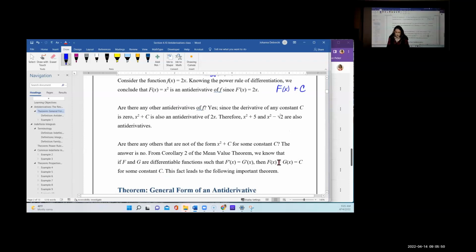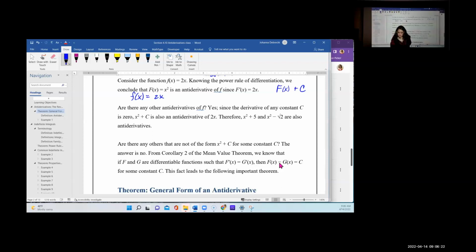So let's think about, for example, the function x squared, and let's think about the function 2x. So if we let 2x be our lowercase f, and we ask ourselves, the derivative has already taken place and the result was 2x. What could the original function have been? What would I take the derivative of and end up with 2x?